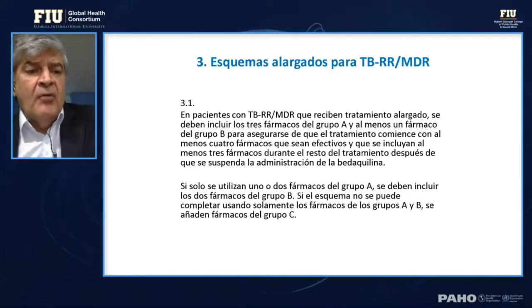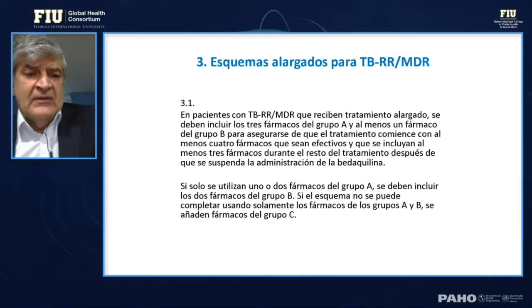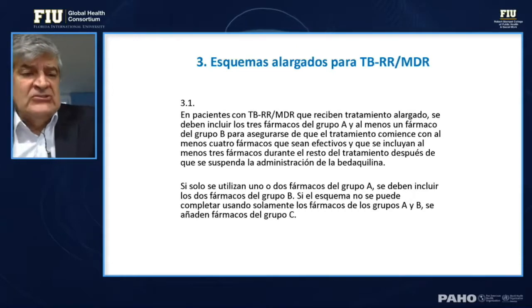There also are oral longer treatments for MDR-TB. In those cases, at least 4 anti-TB drugs are recommended during the initial phase and followed by at least 3 drugs for the continuation of treatment.